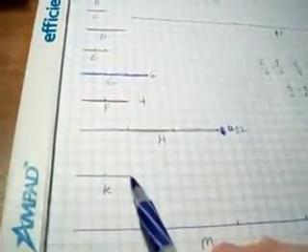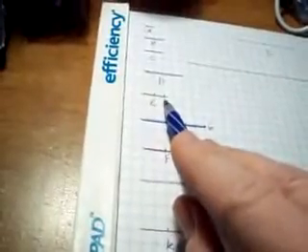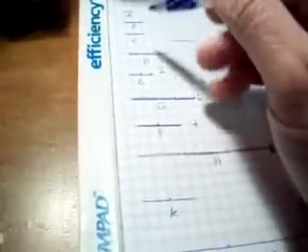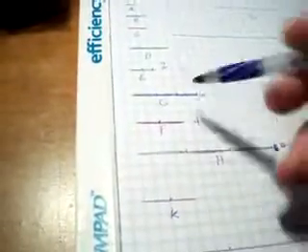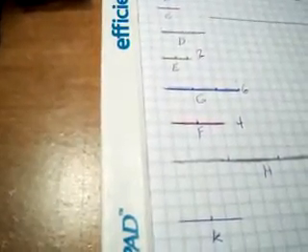Let's go down here to K. K is twice of E, and E is twice of A. So what we're saying here is that since E is 2 inches long, and K is twice that of E, then K is 4 inches long.